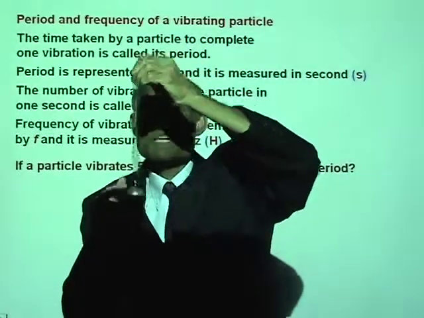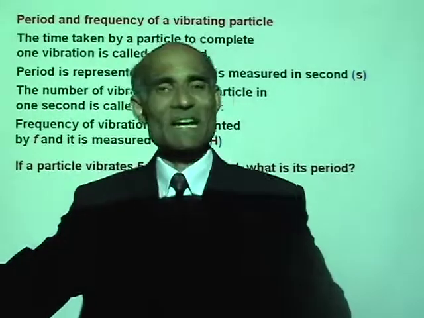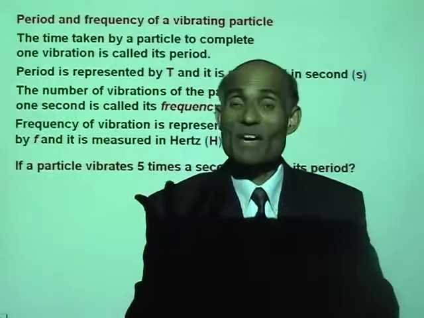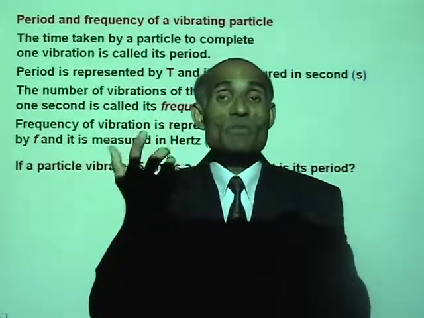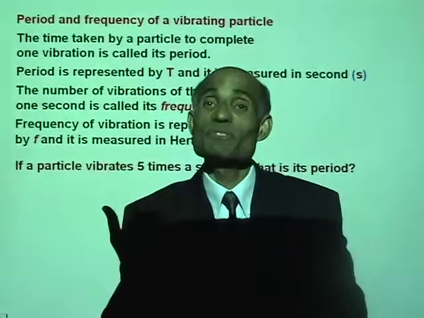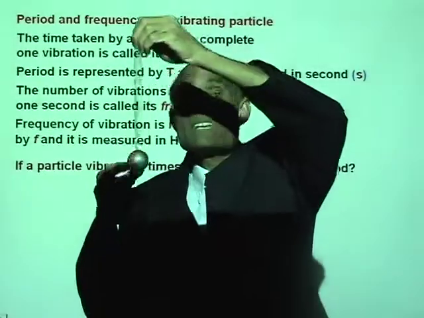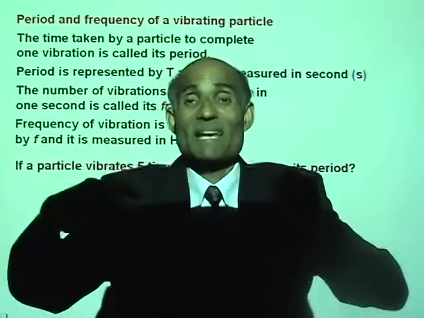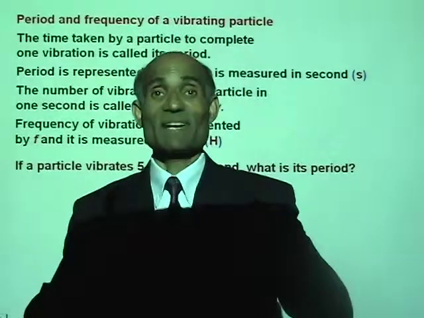Well, the time taken for 1 vibration will be 1/5 of a second. Is that right? If the particle completes 5 vibrations in 1 second, the period, the time taken for 1 vibration, will be 1/5 of a second. Now, if the frequency is 10 Hertz, if it goes 10 times a second, then the period will be 1/10 of a second.